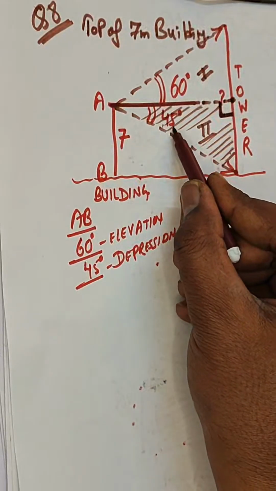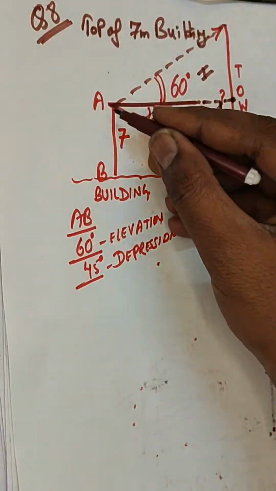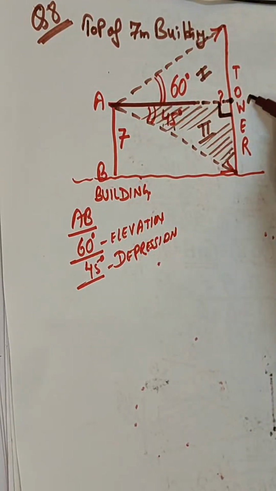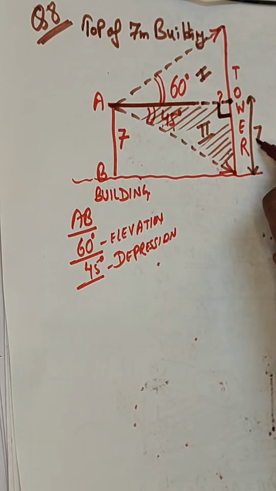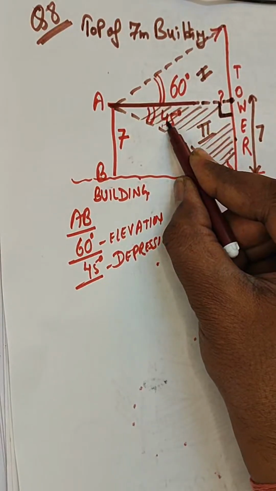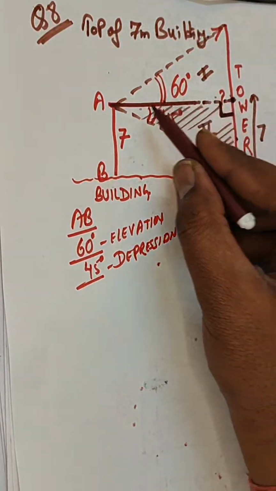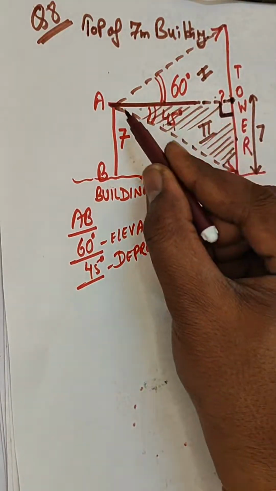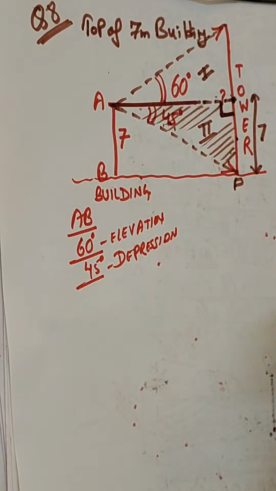You know one of the angles, and you know one of the sides of this triangle. That means if A to B is 7, then definitely from this point to this point will also be equal to 7. So if you know one of the sides and one of the angles, then it's very easy to calculate the remaining sides of the triangle. You are able to calculate AO, maybe A to P, right?